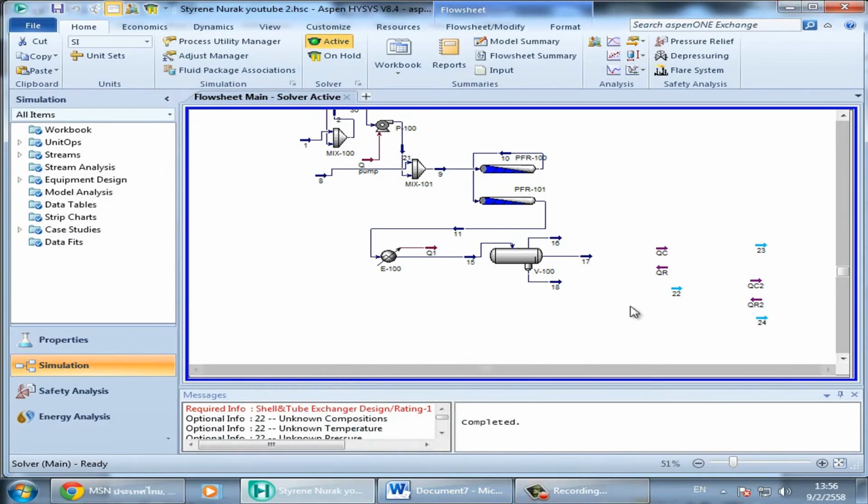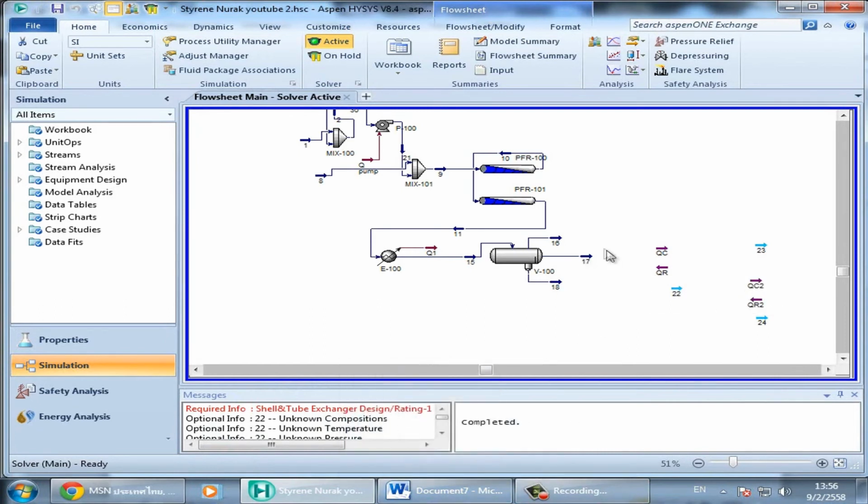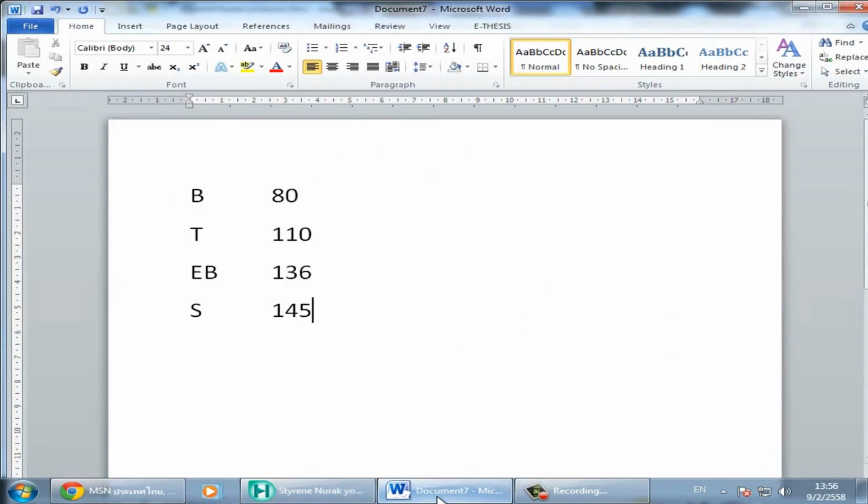Okay, back again to the styrene production, but before the separation, we come to understand the boiling point of each chemical involved in the separator phase. We have benzene, toluene, ethylbenzene, and styrene.